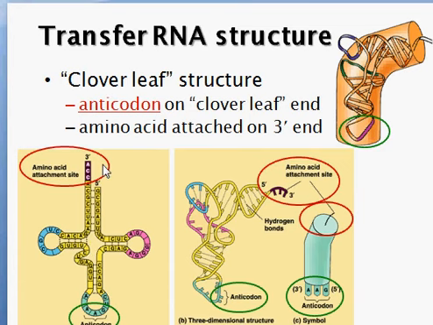What we think of when we think of a transfer RNA is the portion at the end here that attaches to the amino acid to bring it over to the ribosome, and this portion, which we call the anticodon, which matches up with the messenger RNA's codon.